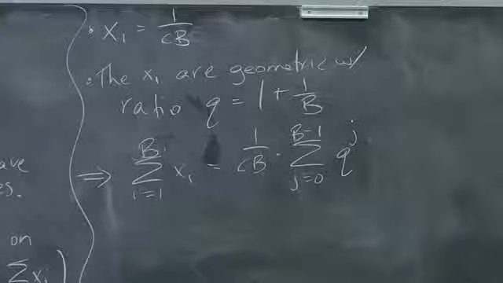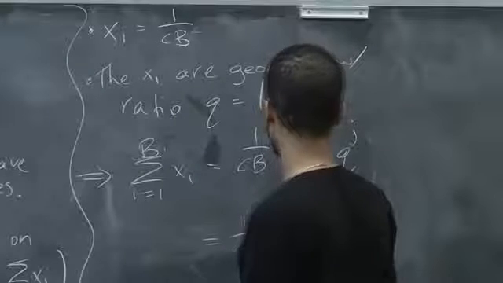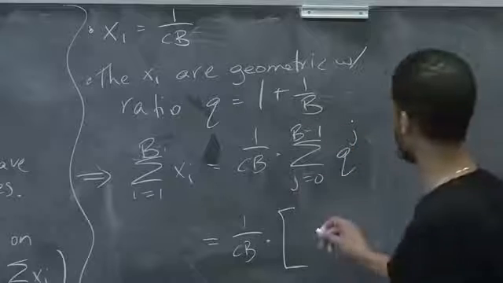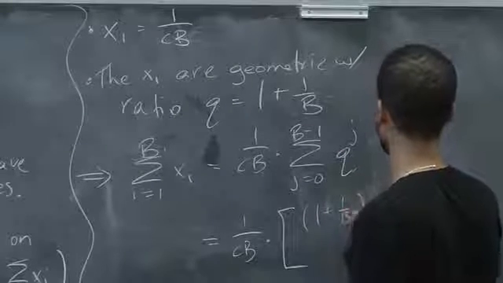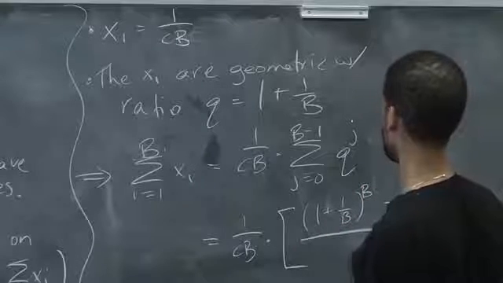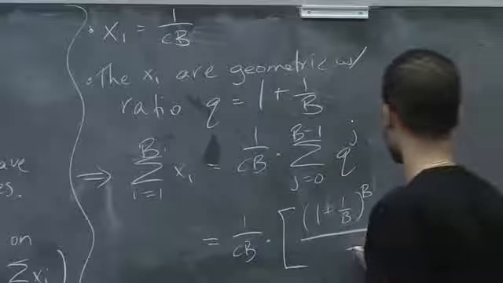And this is equal to 1 over cb times, what's q? (1 plus 1 over b) to the b minus 1 over q minus 1, which is 1 over b.